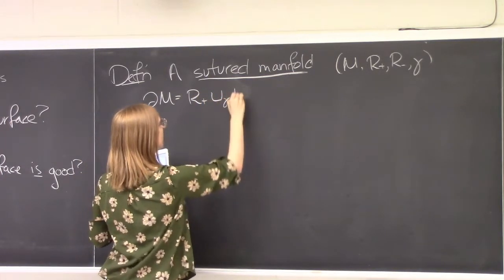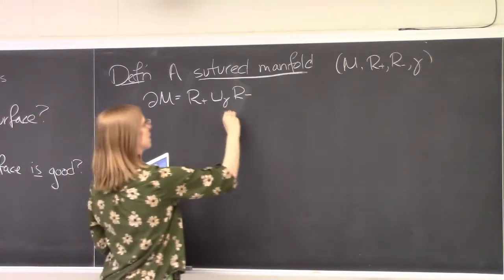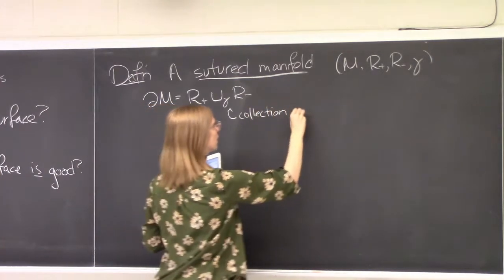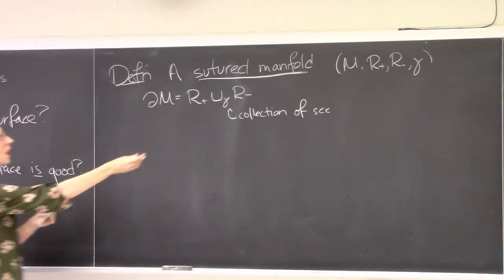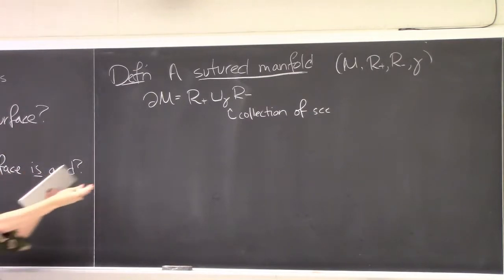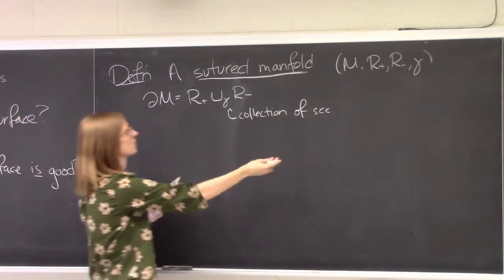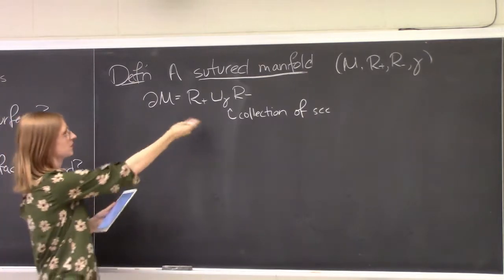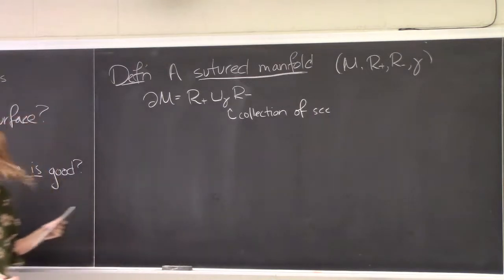We're decomposing the boundary along this suture set gamma, a collection of simple closed curves embedded in the boundary. When we cut along this collection of simple closed curves, we want to choose them so that it splits the boundary into two pieces. If we choose an appropriate orientation on our suture set, this will induce an orientation saying this one is R plus and this other one is R minus.